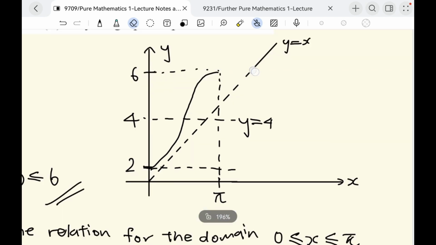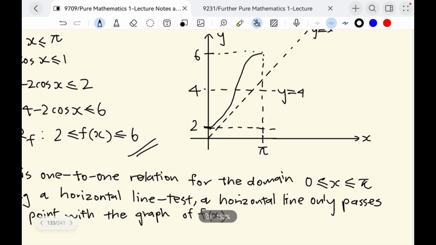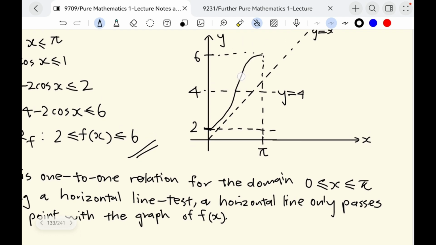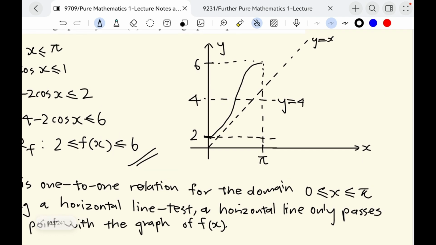So when it comes to the inverse of f(x), the domain and the range swap. When x equals 0, y is 2, so just change to here, 2. When x equals pi over 2, it is 4.